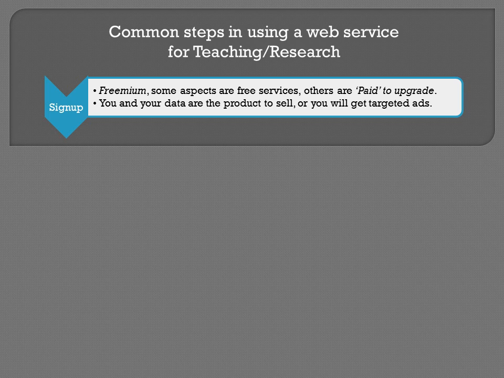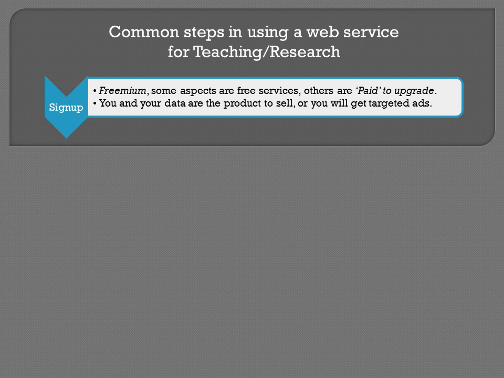So others are called paid to upgrade, which means that some parts of the service are free, and then if you find it very useful, you may want to move into a more professional mode or a kind of a power user mode, and so some features will be available to you if you sign up for a subscription or perhaps for a pro version of the software.